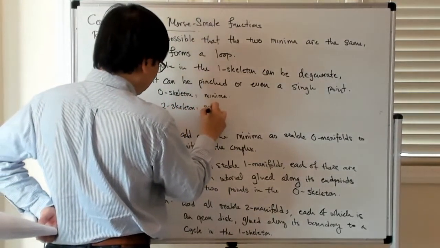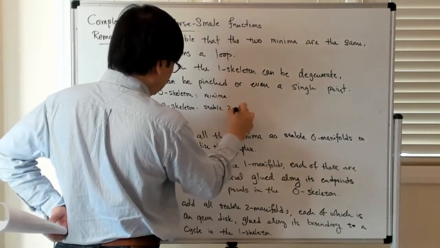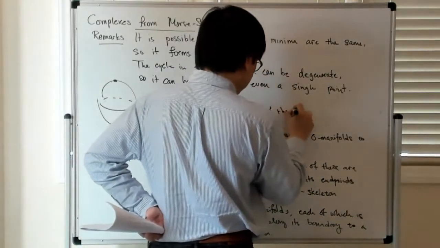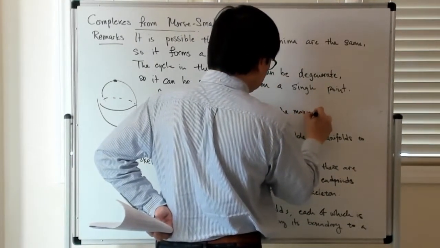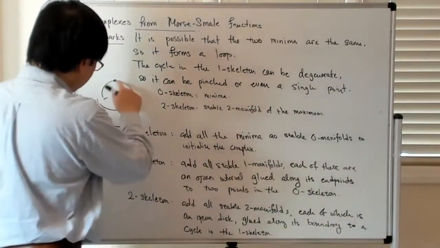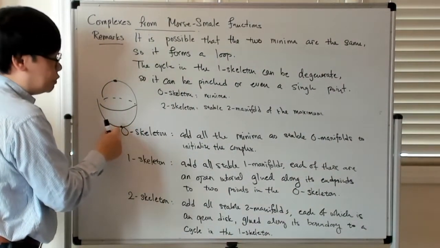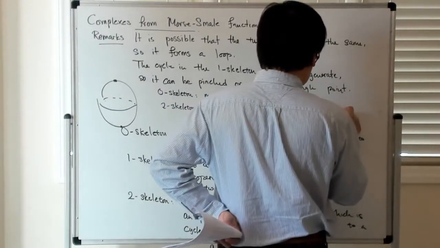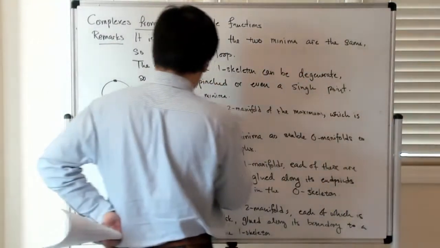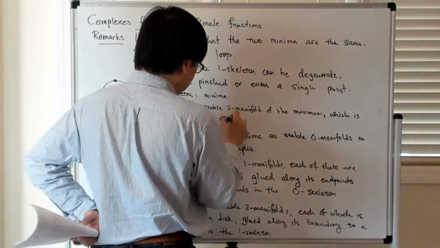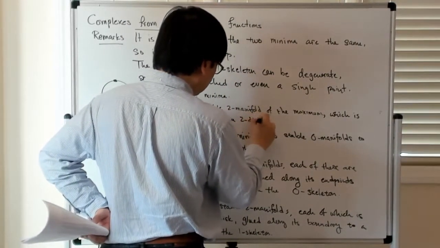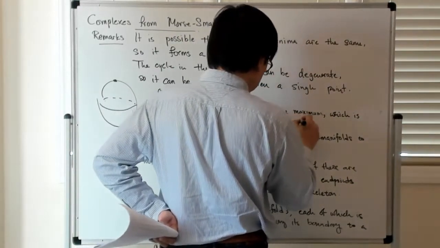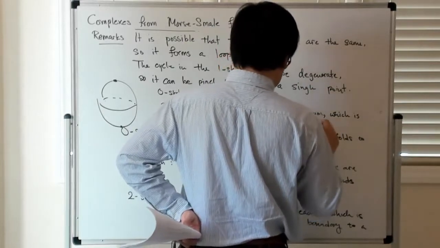This is the stable two manifold of the maximum, and you can see that it's an open disk, but it's glued to just the minima.